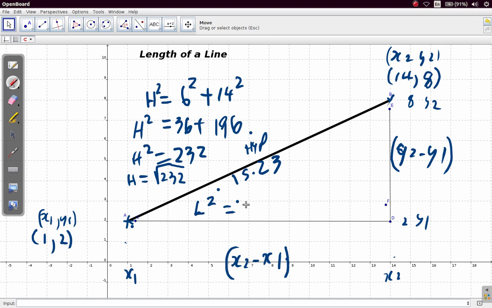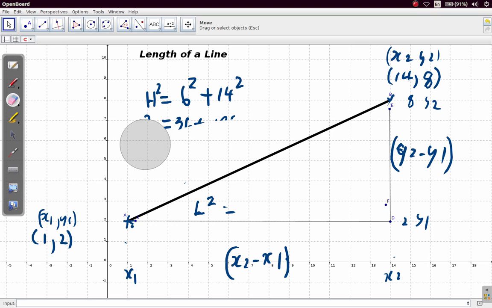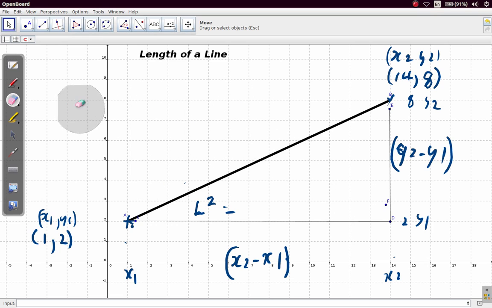squared, the length squared, let me erase some of these things. I don't want to crowd the board too much. This length squared is, let me put it up here, because this is the line that we're calculating.